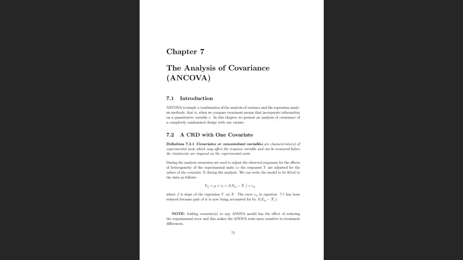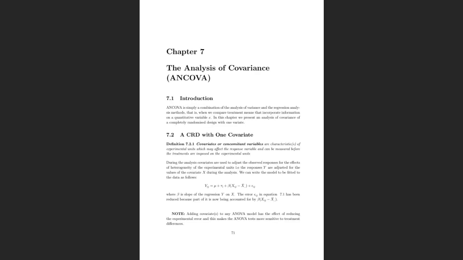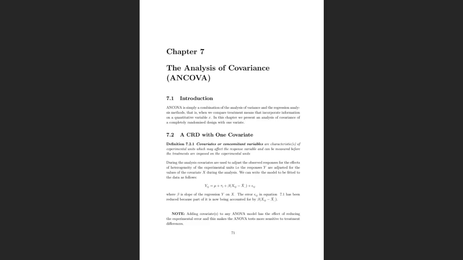Last week we introduced this chapter, which is the analysis of covariance, and I indicated that it is the combination of two models, the simple linear regression model together with the CRD method. Since we don't have issues with the CRD method, we're just going to go to that CRD problem and add the covariate of x.